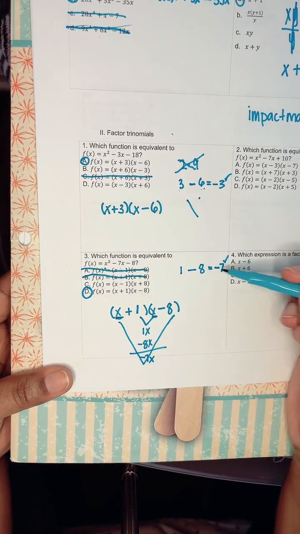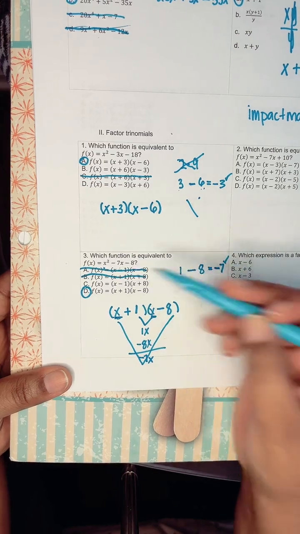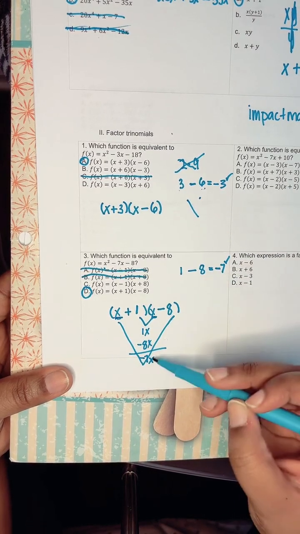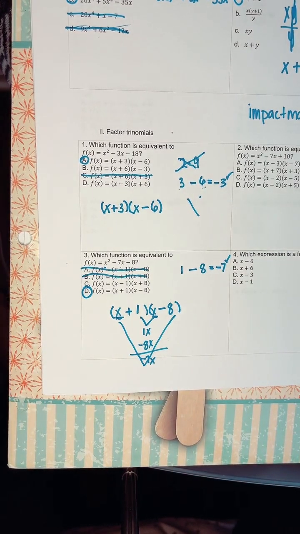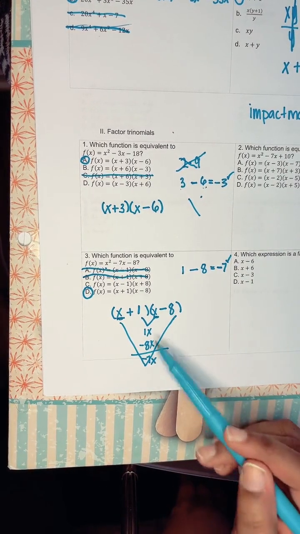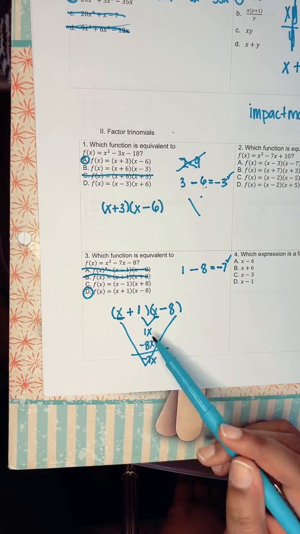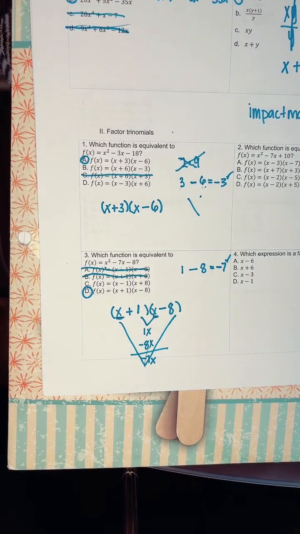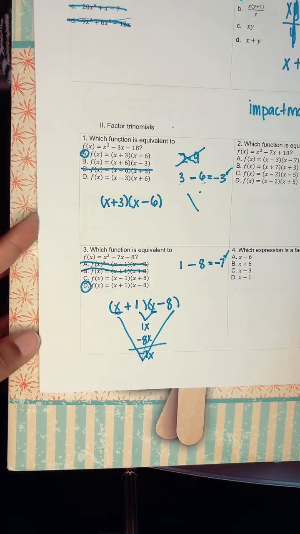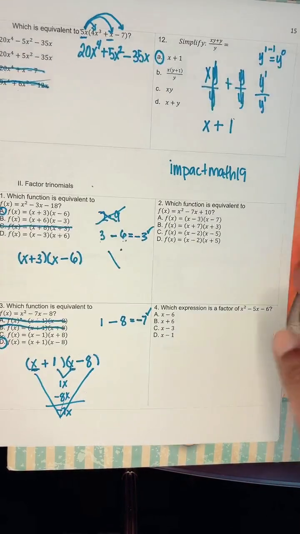That's why I say as long as it gets us the negative 7, that's how you get your middle term. This is another visual way that you can look at if your middle term is right. Okay. All right.